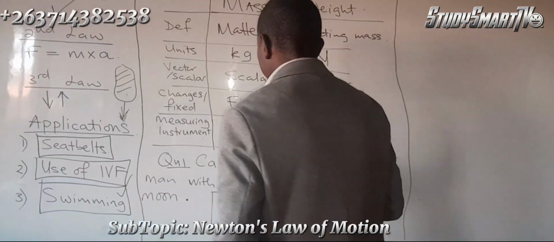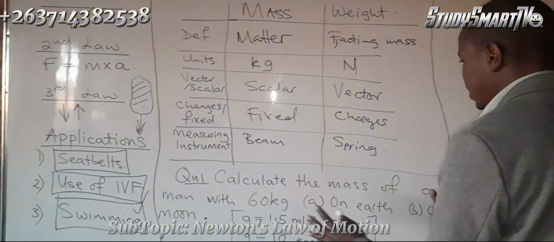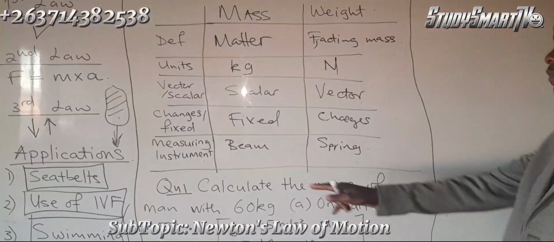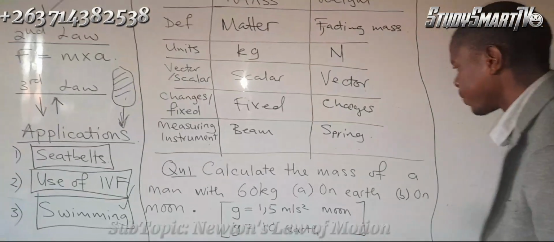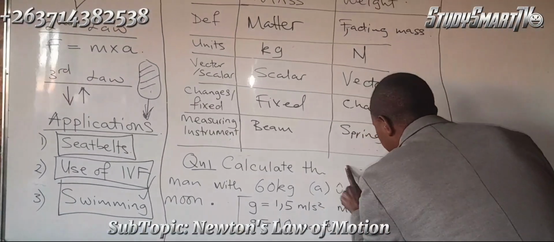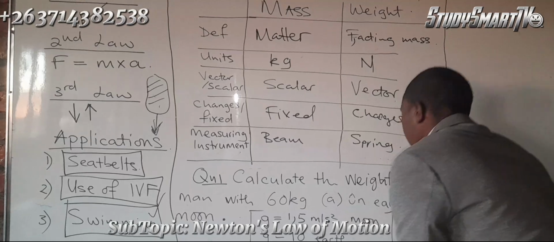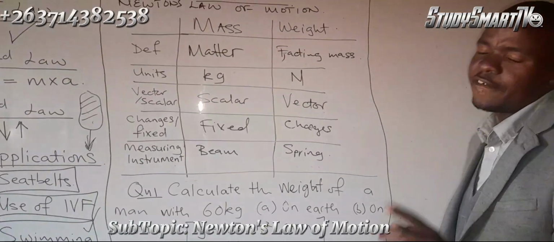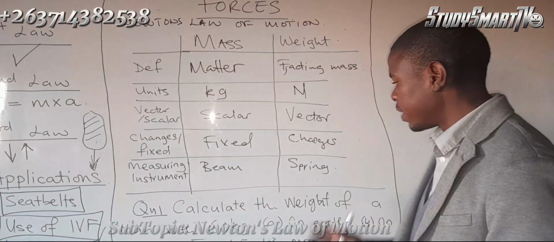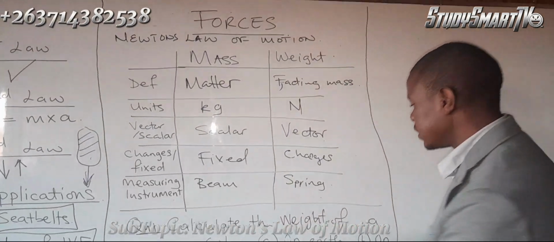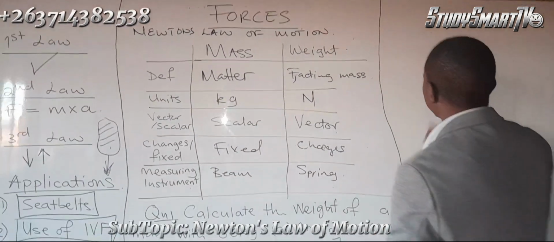Okay, so let's find out how mass is different from weight here. Calculate the weight of a man with a mass of 60 kg. If a man has 60 kg on earth, you will have those 60 kg even on the moon. But here on the earth, we are now calculating weight.